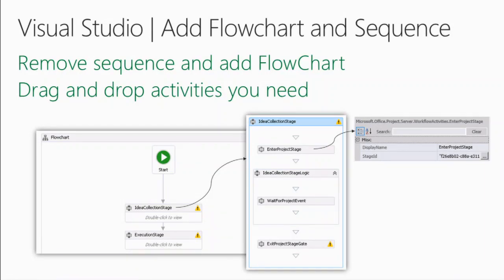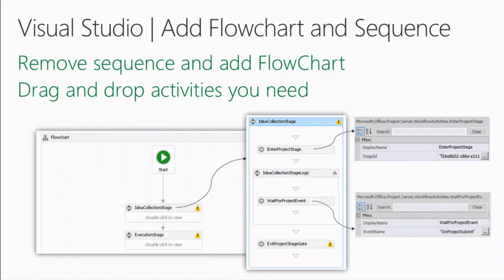So after you create your stages in PWA, you have to copy the GUID from either the URL or the bottom of the page, and then paste it in here. And the other interesting thing is for this wait for project event, there is no drop down, so you'll have to make sure that whatever you type in here is what we expect you to type. So you really have to know what you're doing.